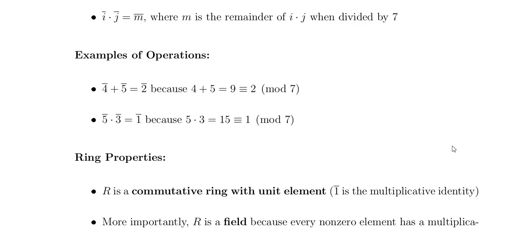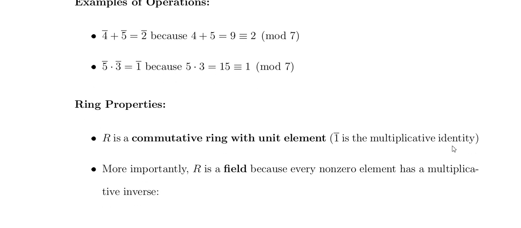So R is a commutative ring with unit element, and this is a field because every non-zero element has a multiplicative inverse. In Z7, every non-zero element has a multiplicative inverse. So this is an example for a finite field.